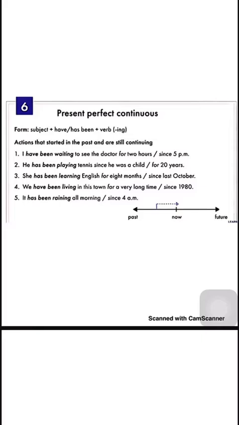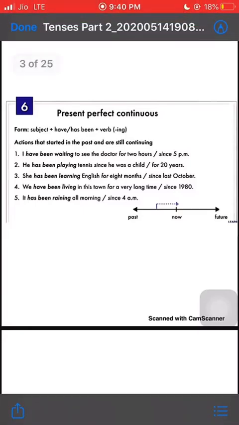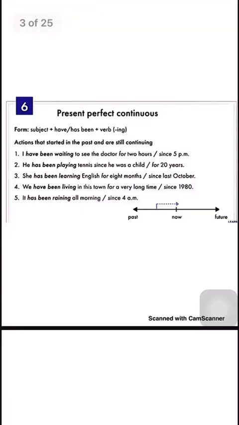we have been living in this town for a very long time, or we can say since 1980. It has been raining all morning since 4. Now here, see in the 5th sentence, the duration is all morning. In fixed phrases like all morning, all day, all week, etc., we don't use for. यहाँ पे हमें for नहीं use करना है, अगर all week, all day, all morning, like this, the phrases are there.